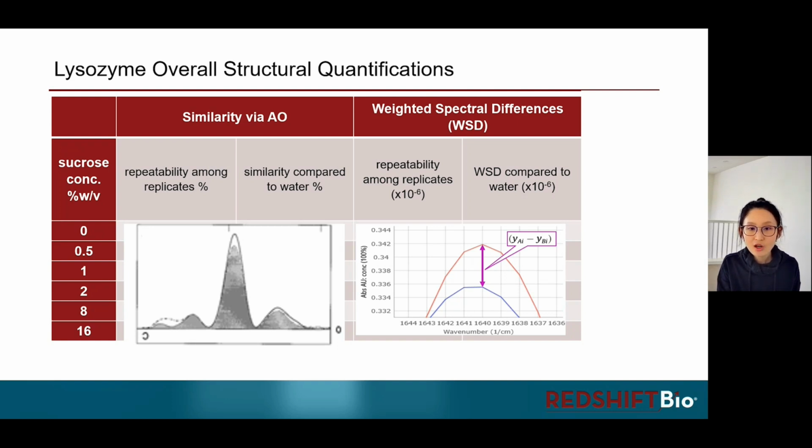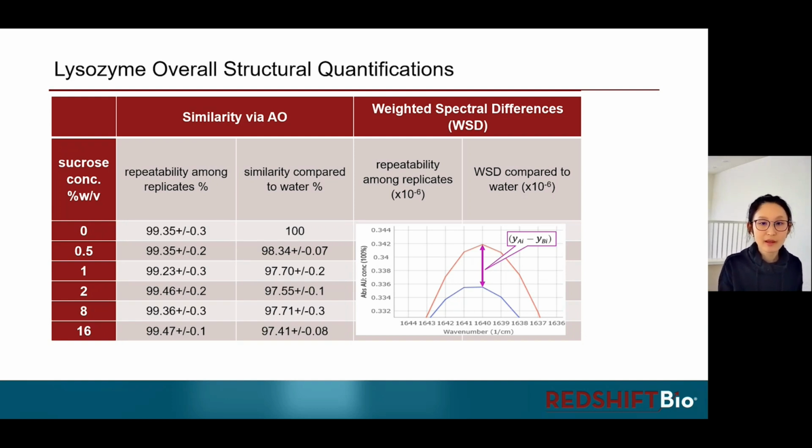So let's start with the one on the left by area of overlap, which is quite simple. We have one curve compared to the other, and we use the area beneath the curve that is overlapped between the two and divided by the area beneath the control curve.